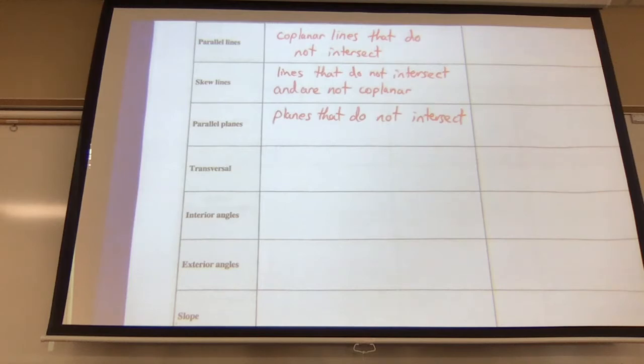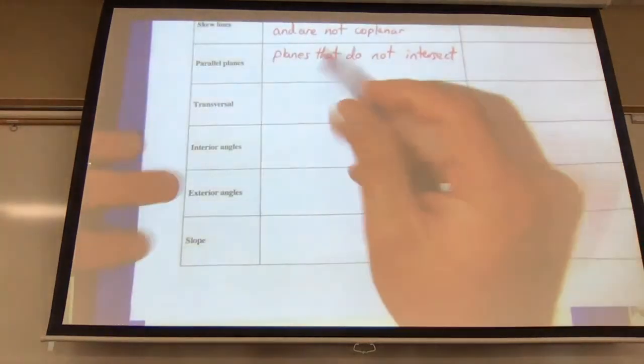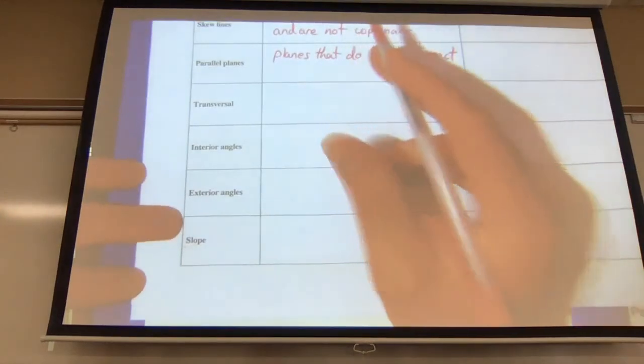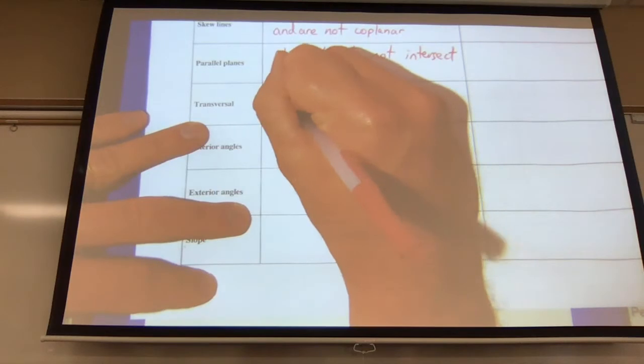Ceiling and the floor, they never intersect with each other. That would make them parallel planes. All right, transversal. It's going to be a line that intersects two or more coplanar lines.